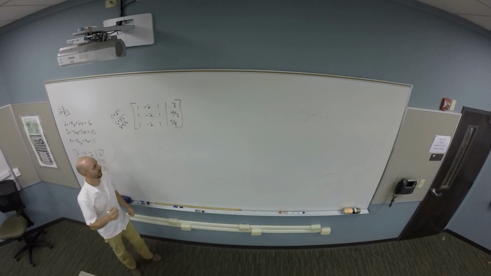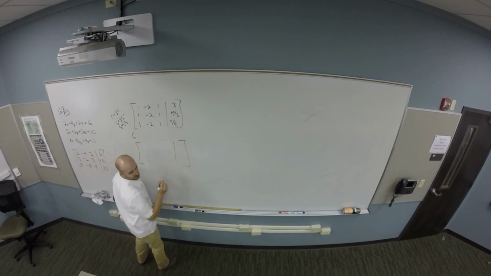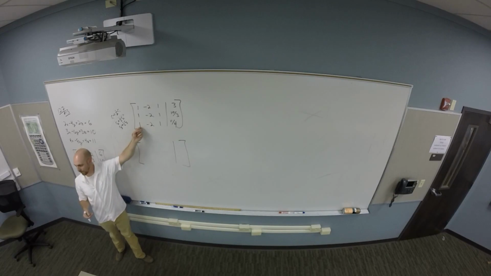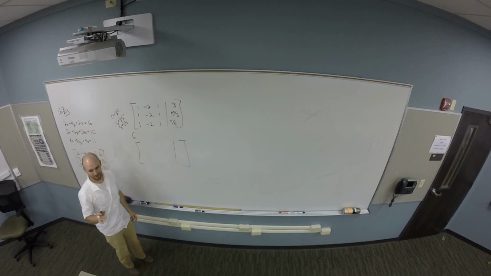You end up with zeros in one row. So, what's the thing I should be targeting? The bottom left. Yeah, I should start by targeting this guy, right? So how can I make a 0 up here in the bottom left? Okay, hang on.